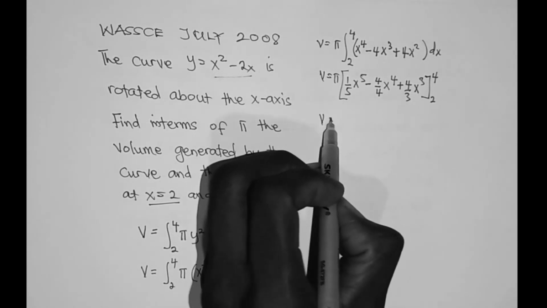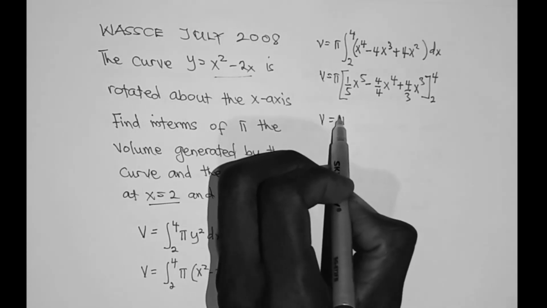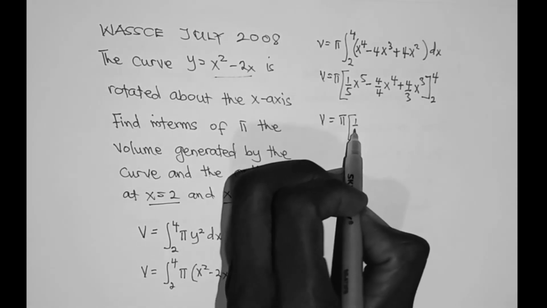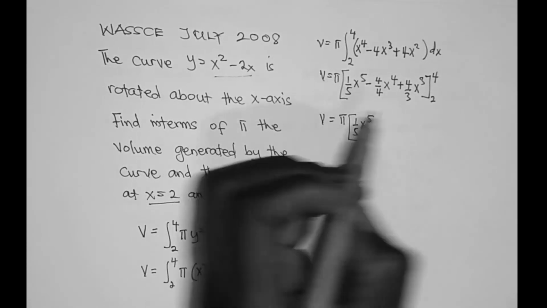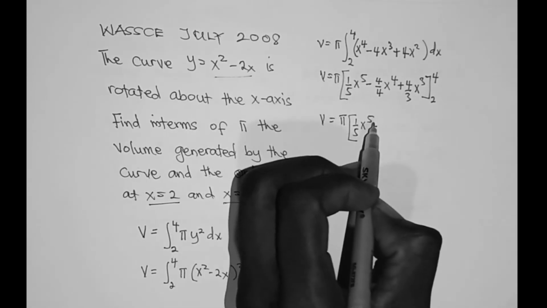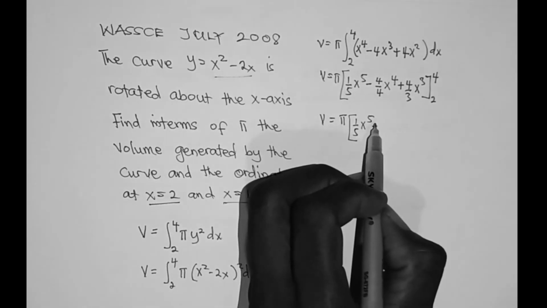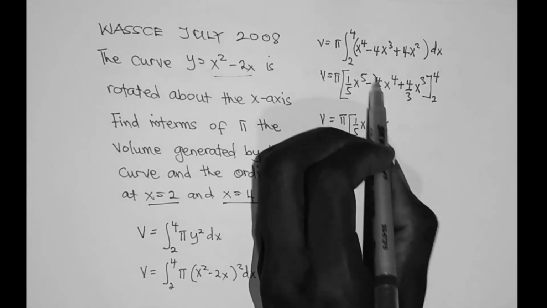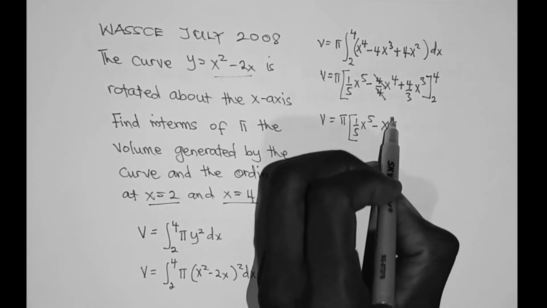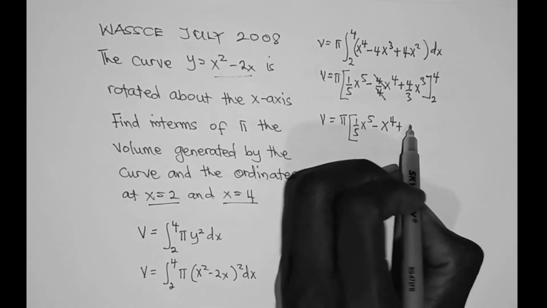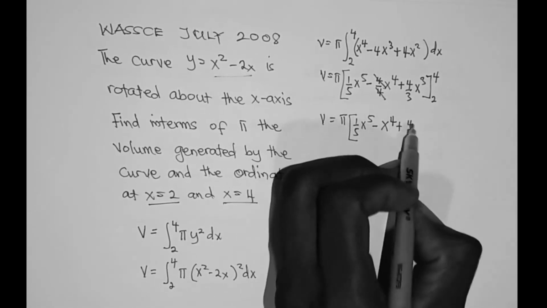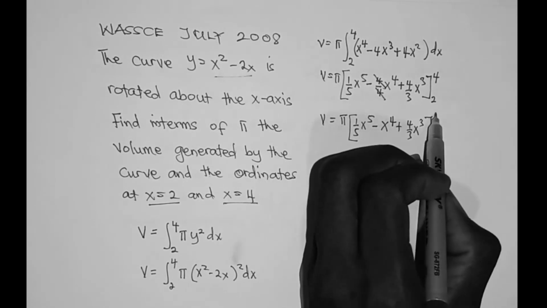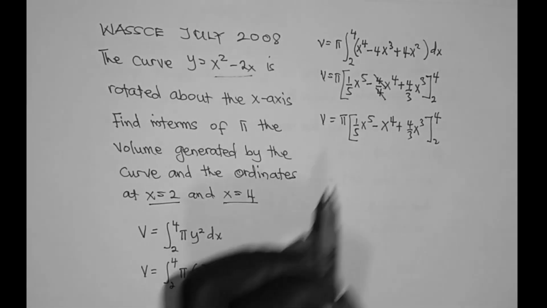So the volume is equal to pi times 1 over 5 x to the power 5 minus x to the power 4, since 4 over 4 is 1 and cancels out, plus 4 over 3 x cubed, evaluated at 2 and 4.